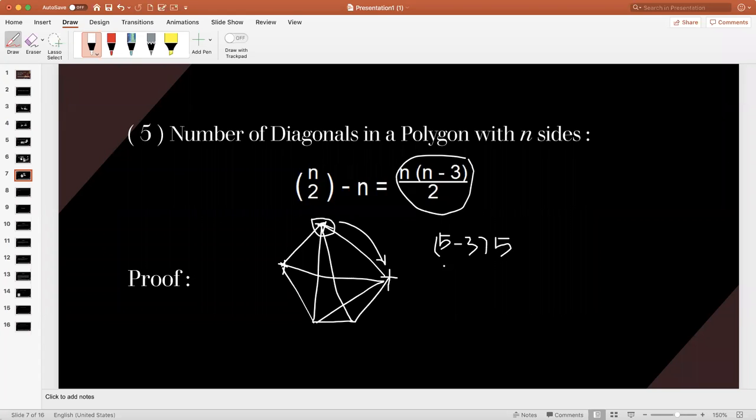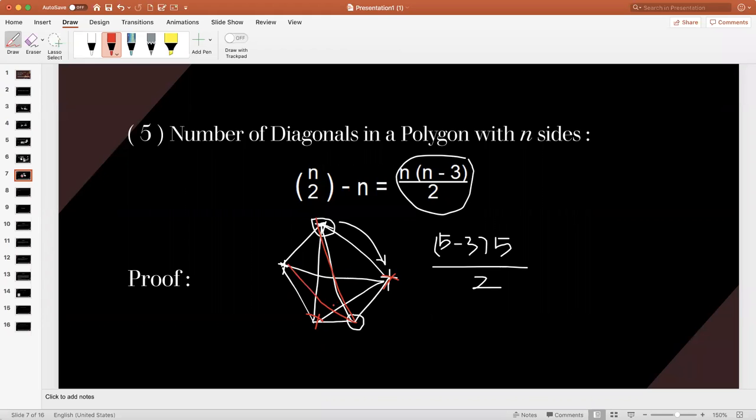And then we have to divide all of this by 2, because if we start out with this one as our starting vertex instead of this one or this one, we cannot go to the adjacent ones. So then we only could go to this one and this one. But notice here, both of these are counted.